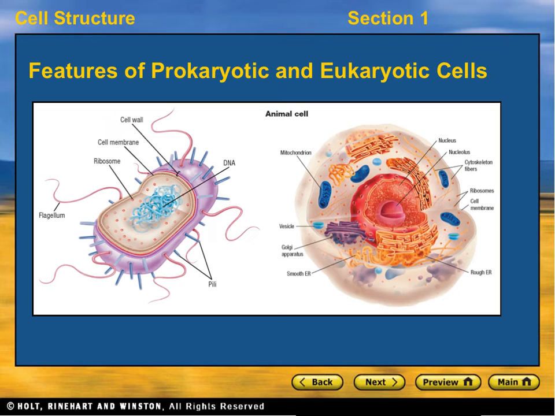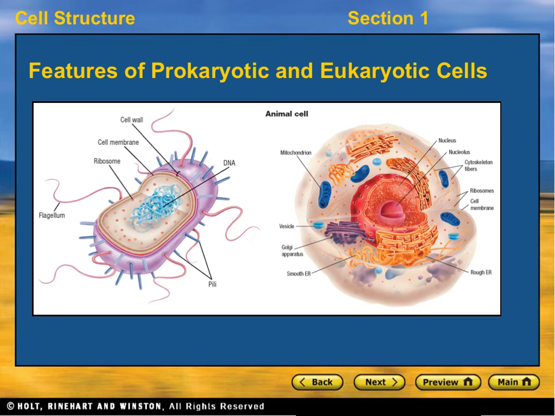So just to look at the differences, notice over here we have these little hair-like things called pili. The DNA is on the inside. We have ribosomes, which are like these little red dots floating around. This cell here actually has a cell wall. The membrane is underneath that cell wall.